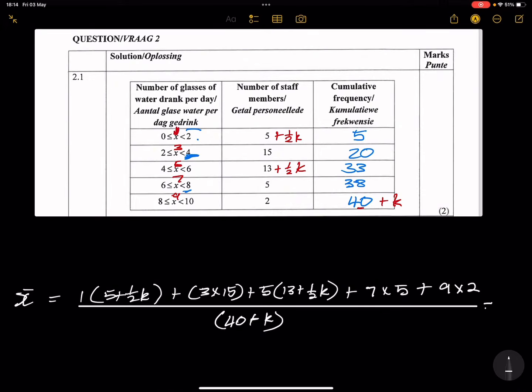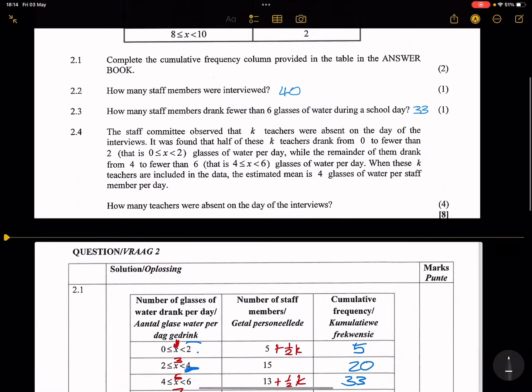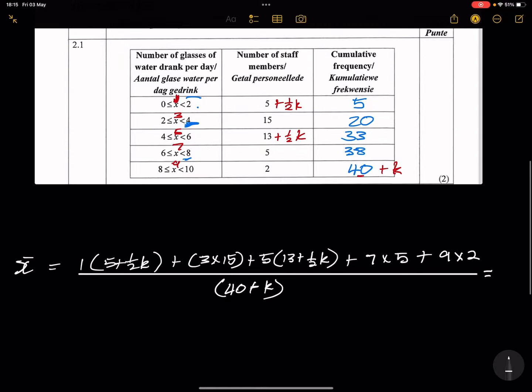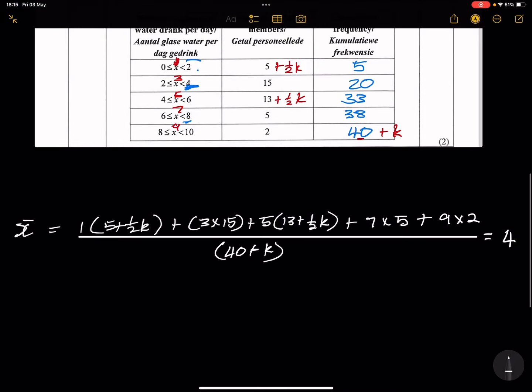Remember this is equal to the estimated mean, which they said is 4. That's 4 classes per staff member. So all that we need to do is to solve this as much as we possibly can.